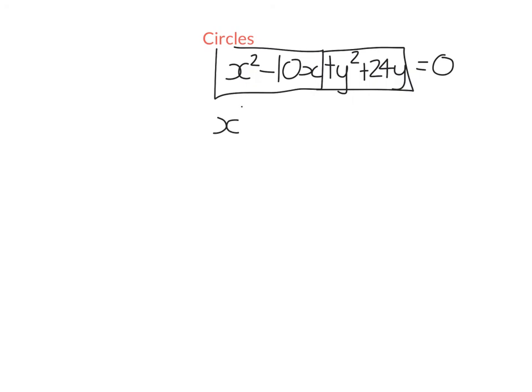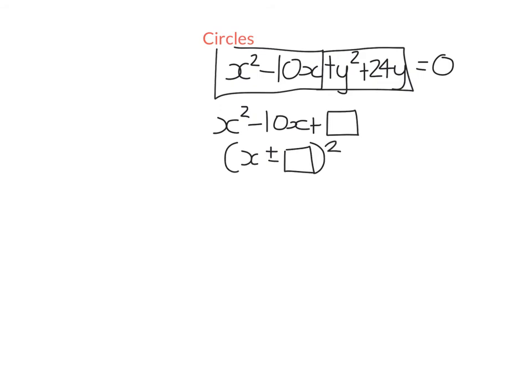So remember, for x squared minus 10x, it looks like a quadratic. The coefficient of x squared is 1. And this coefficient here I refer to as b. b is -10. So what I want to do is add a number on here so I can write this as x plus or minus something, squared. I want to make this a perfect square.